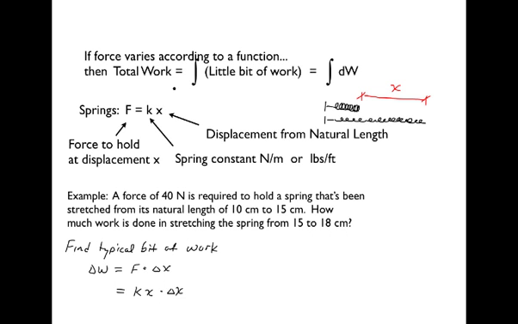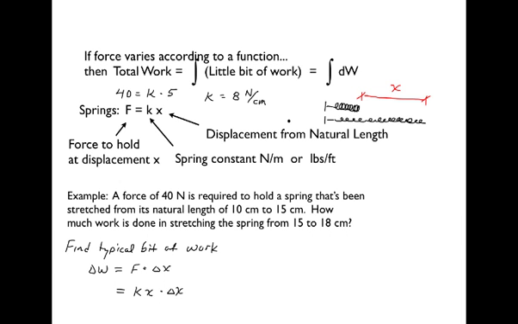So we need to figure out what k is, right? When the force is 40, the displacement is 5, right? So therefore k is 8 newtons per centimeter. Everything's given in centimeters, so we can just do this problem in centimeters.